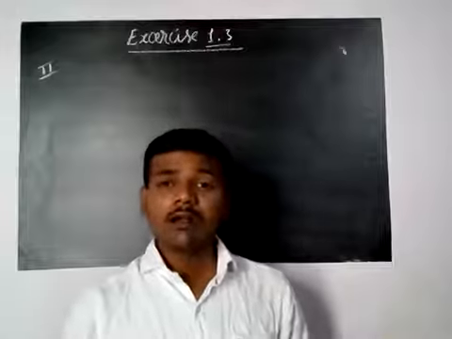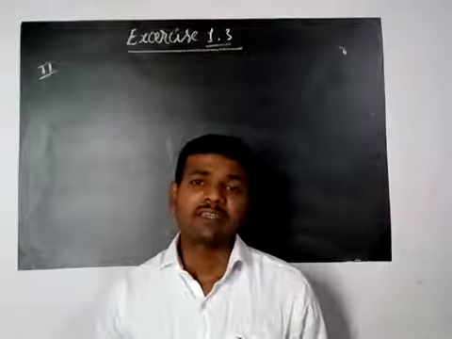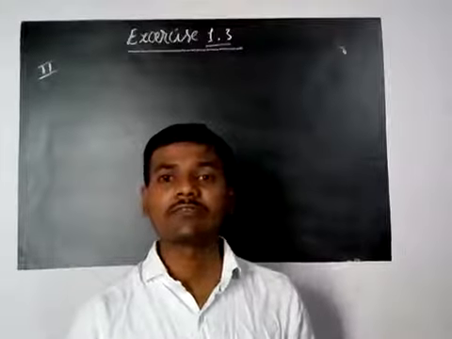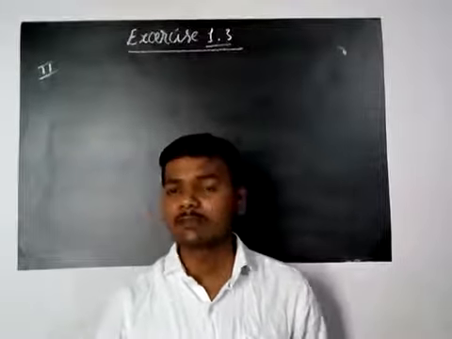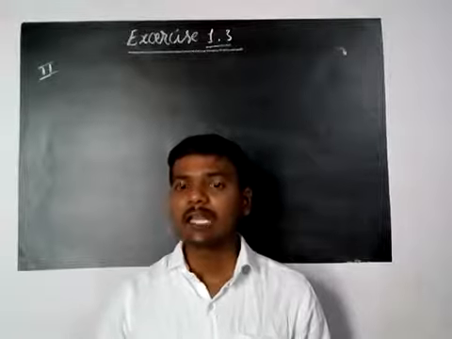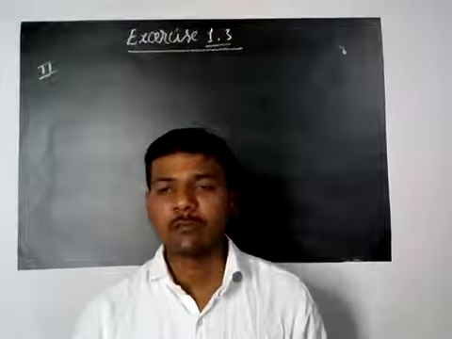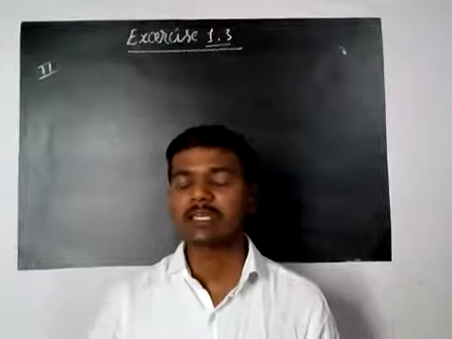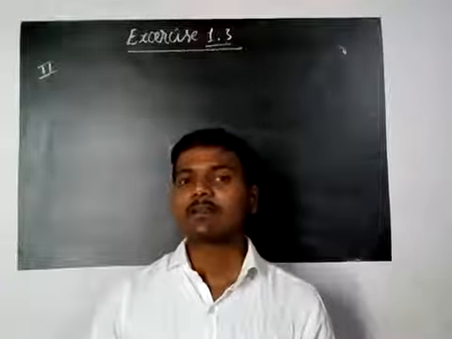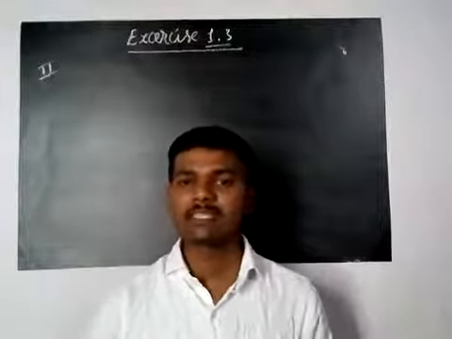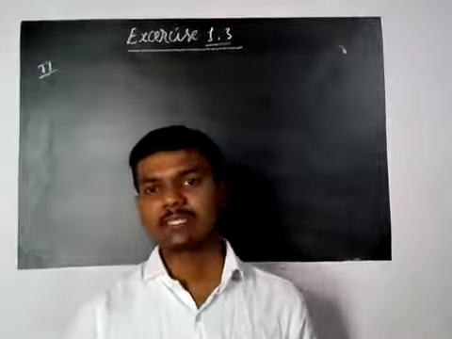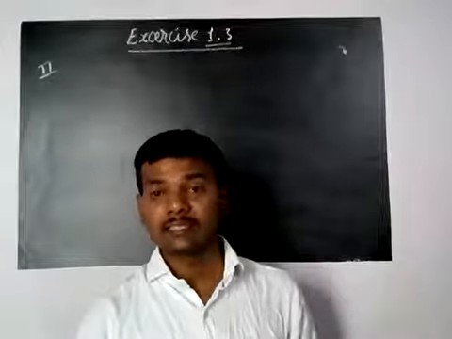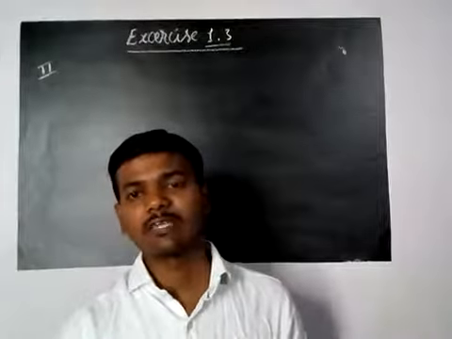Now, can you express 2 by 7, 3 by 7, 4 by 7, 5 by 7 and 6 by 7 in the same form as 1 by 7, without actually performing the division process?